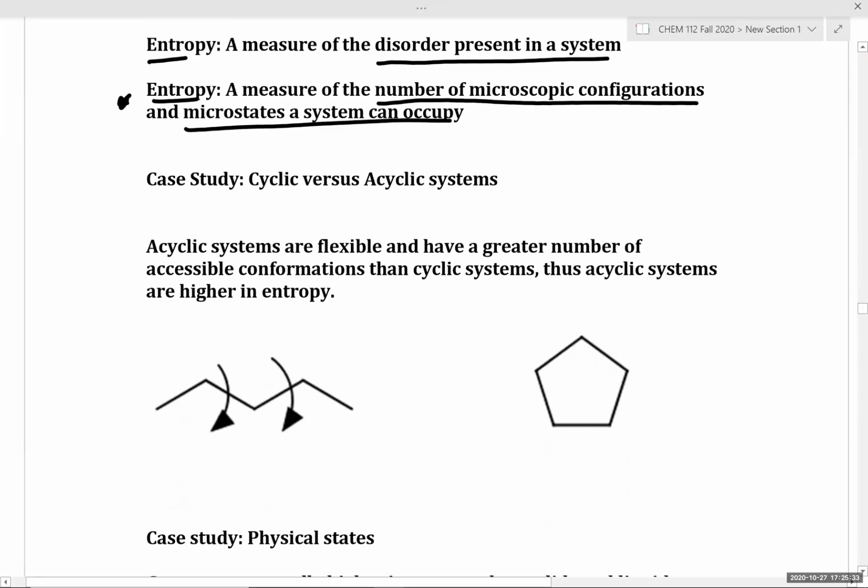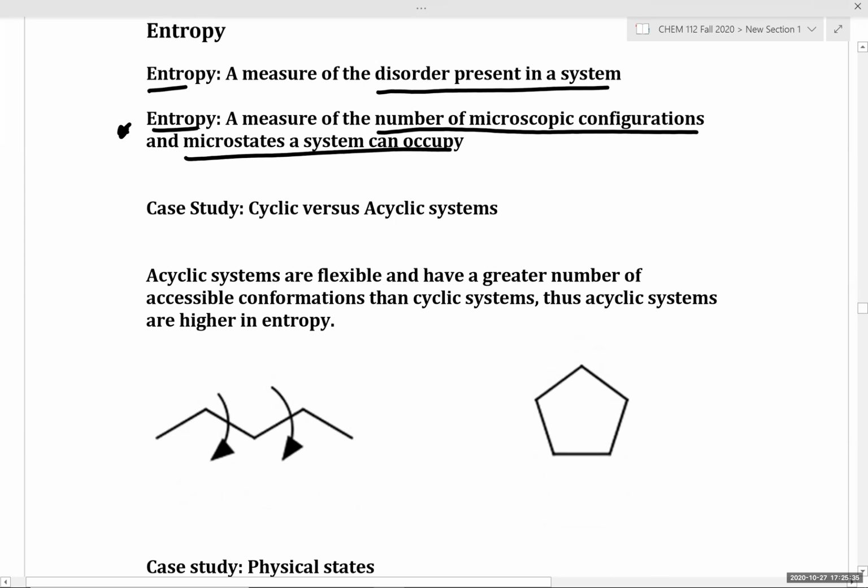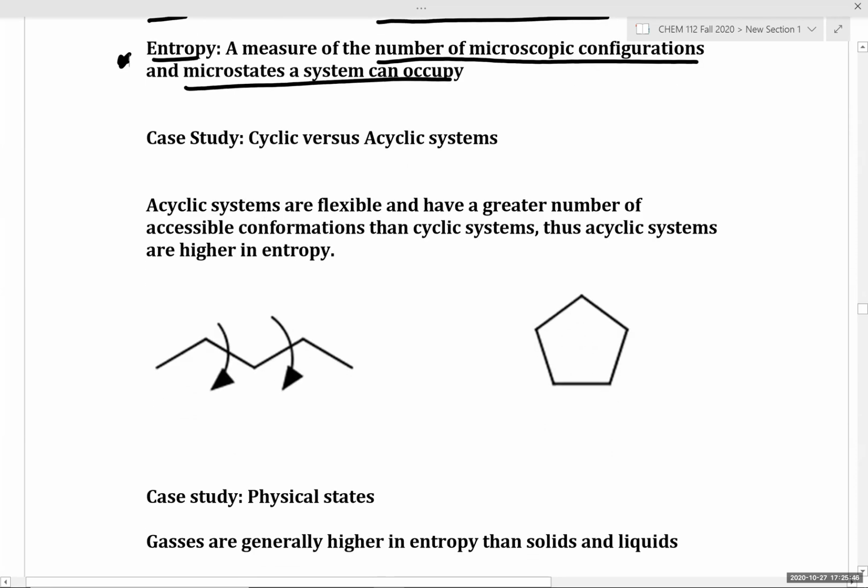Okay, so in general, disordered systems with a large amount of freedom of motion and freedom to occupy different states have higher entropy. The most tangible example I can think of is if we're comparing a cyclic versus an acyclic system. Let's try to rationalize why that is. Acyclic systems are relatively flexible and they have a greater number of accessible conformations. All of our carbon-carbon bonds are rotatable.